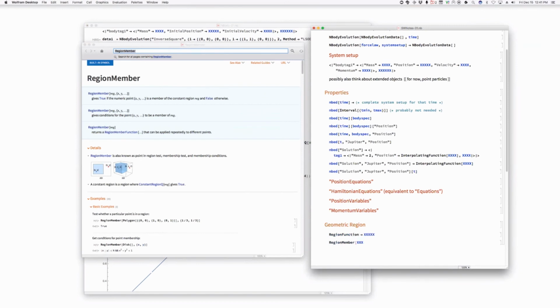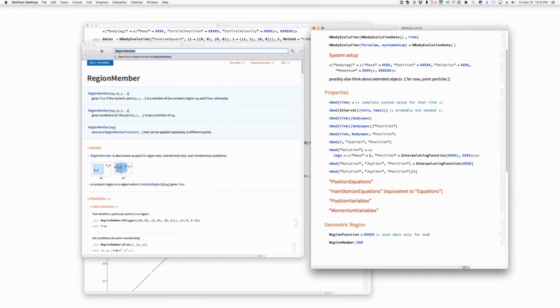What would this do? Whether it would actually start ignoring bodies that went outside that region? That wouldn't make any physical sense. I think you could save data only for bodies that are in the region. So it would be a possible way of reducing the amount of data that would have to be saved.